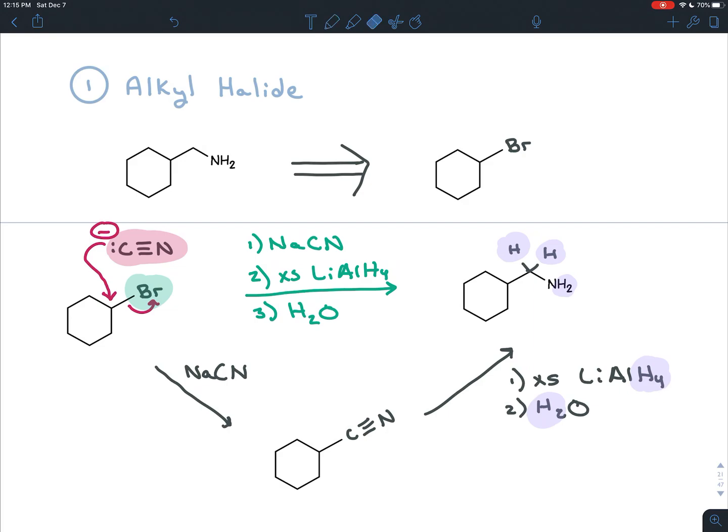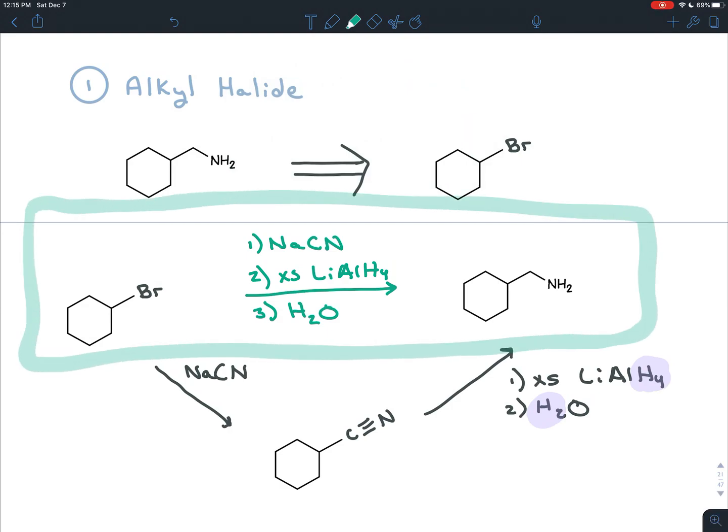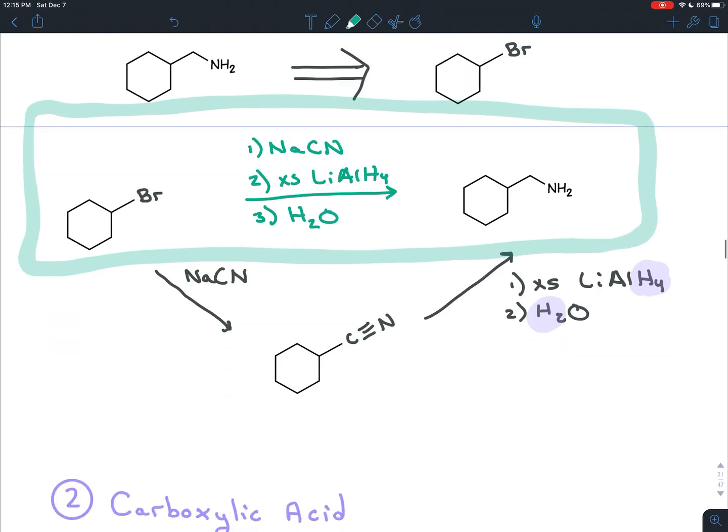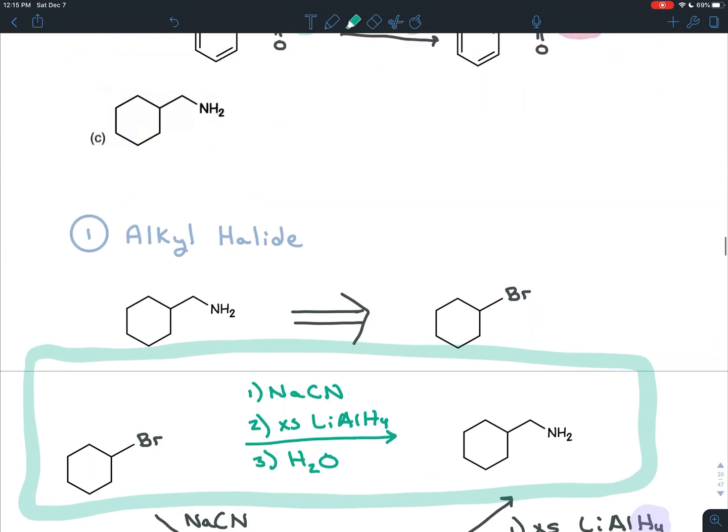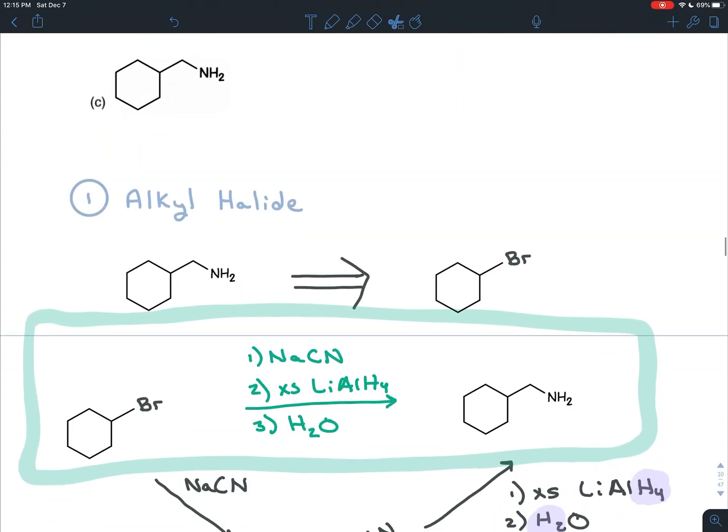And that would give you your product. I'm going to erase these mechanistic details I have here so you can see what this looks like overall. So that would be our synthesis. Okay, let's try to make that same molecule, but from a carboxylic acid.